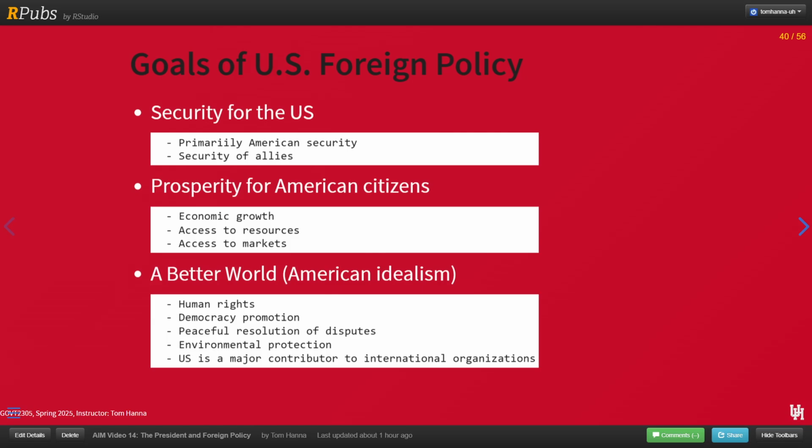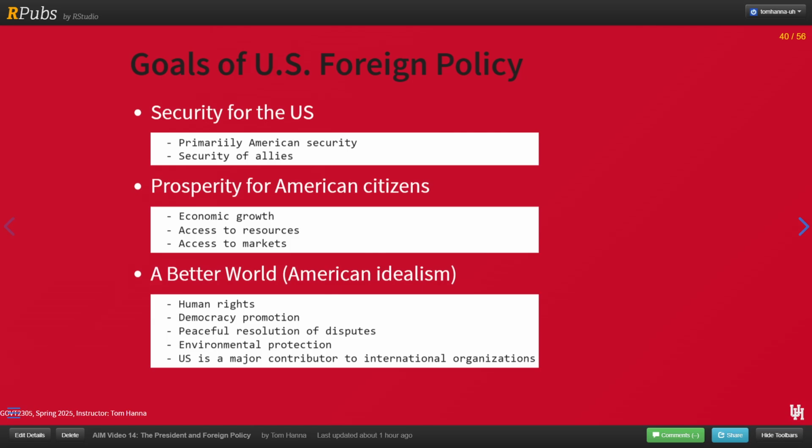That does not mean we aren't willing to use force if it comes to it, but our preference is peaceful resolution of disputes. We're so in favor of peaceful resolution of disputes that we are willing to intervene on behalf of countries that are defending themselves, like Kuwait when it was defending itself against Iraq in 1990 and 91.